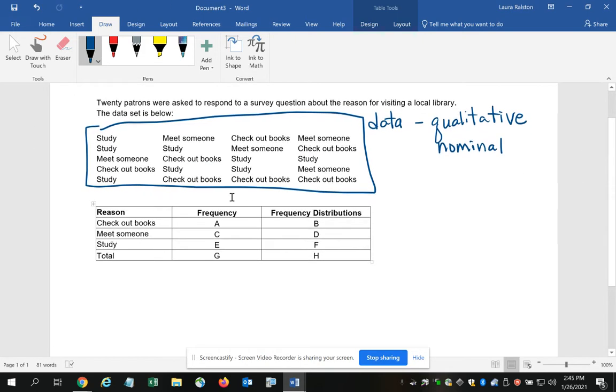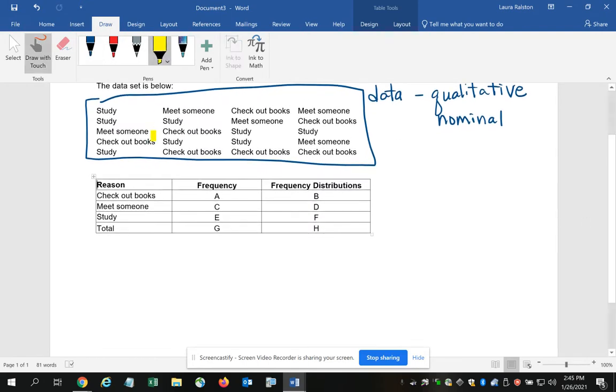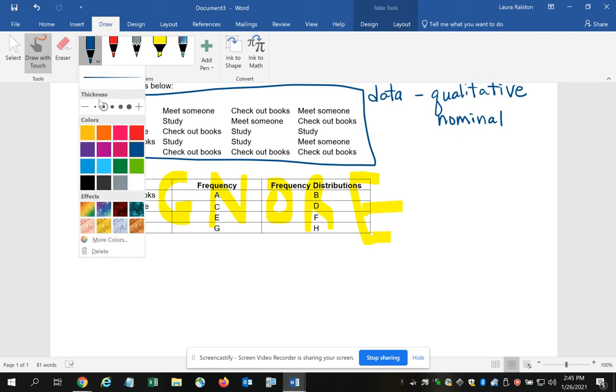And then they give you the layout that you need to use for your frequency distribution, okay? But at least initially here, I'm going to ignore this, and I'm going to do it as if I were doing it from scratch by hand. So we would start out with our categories.